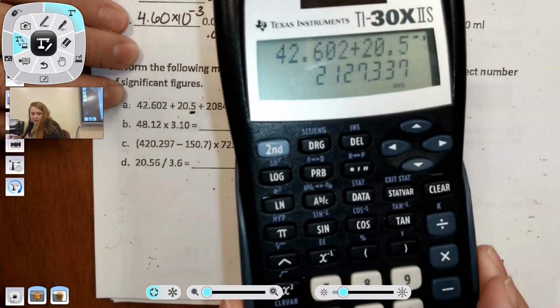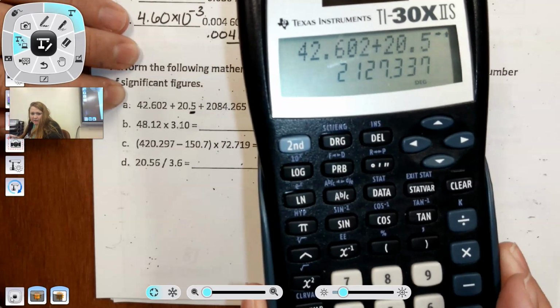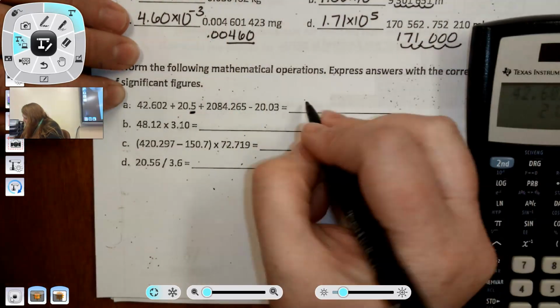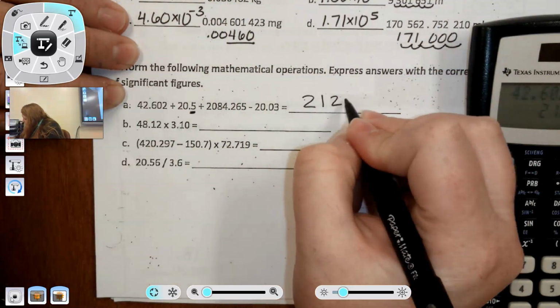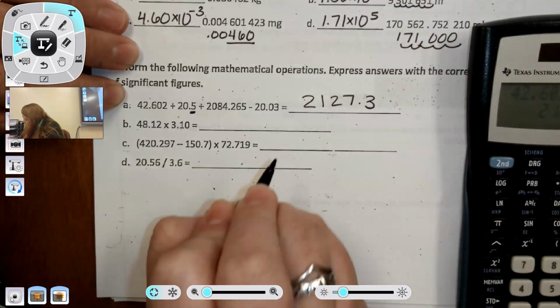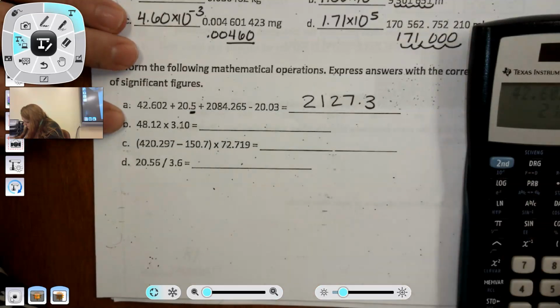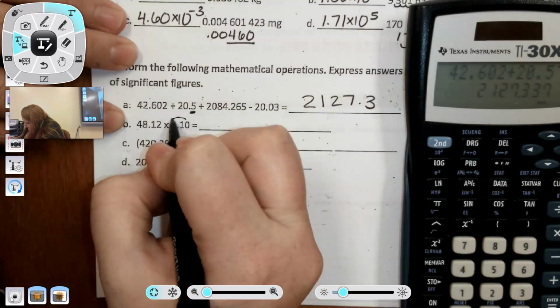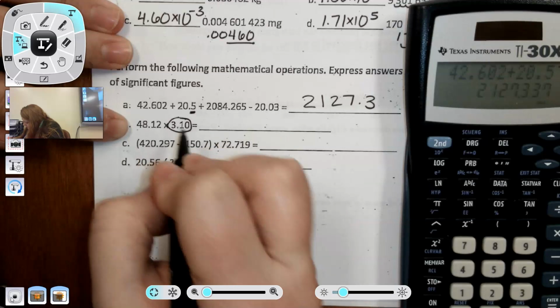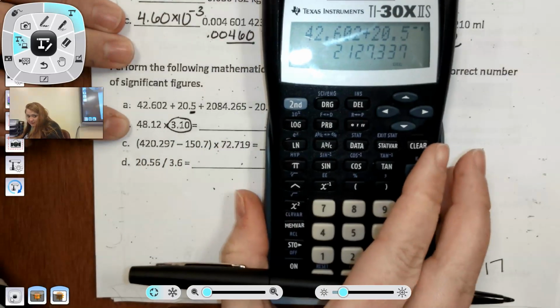Okay, I get a really large number, but I can only have 1 decimal place. So my answer is going to be 2,127.3. Okay, now in multiplying, this entire number has 3 sig figs, so my answer can only have 3 sig figs.